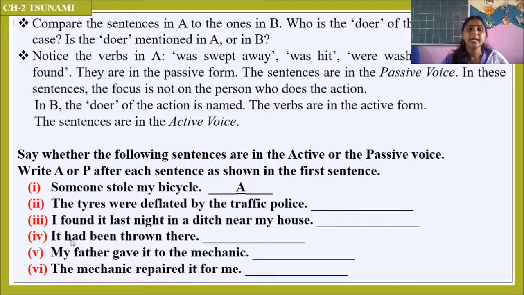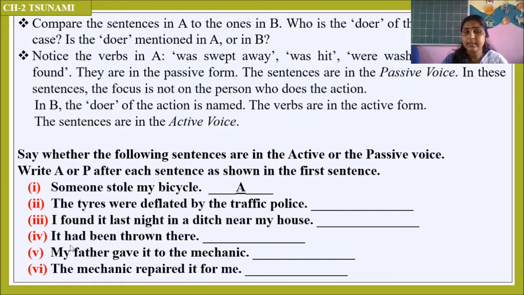Fourth one, "It had been thrown there." So what is the verb here, children? Thrown is the verb. Before thrown, is there anything like was, were, or is it accompanied?